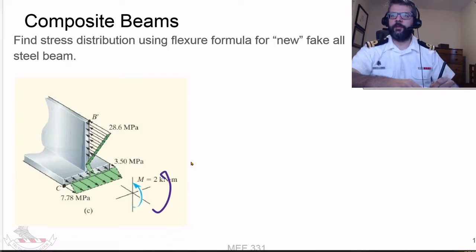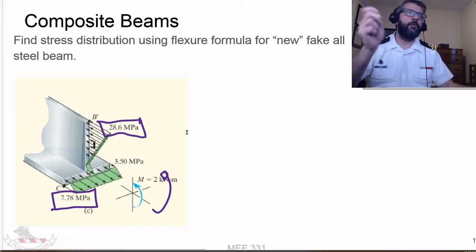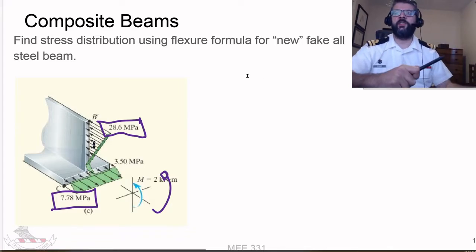When this moment is applied, it would end up having a maximum stress down here of 7.78 megapascals, and a compressive stress at the top of negative 28.7 MPa. That would be the stress distribution if this was actually all steel.